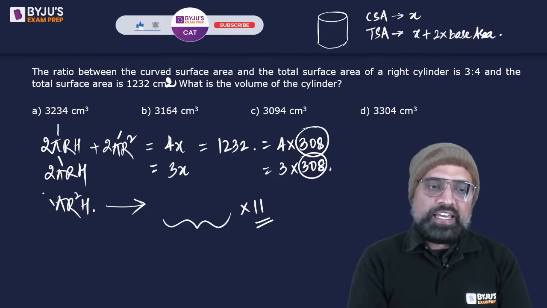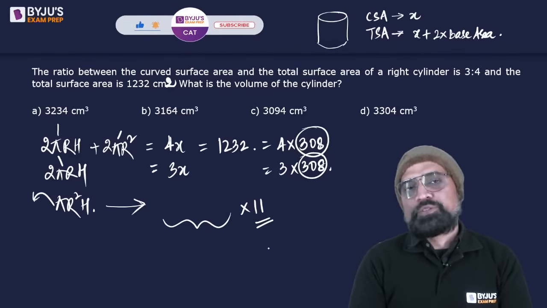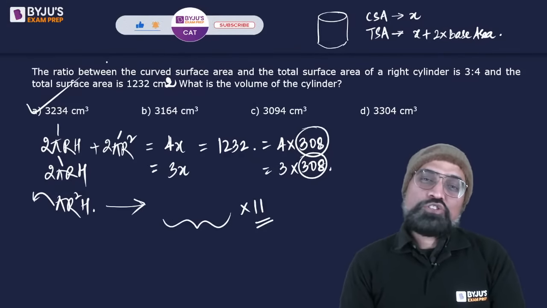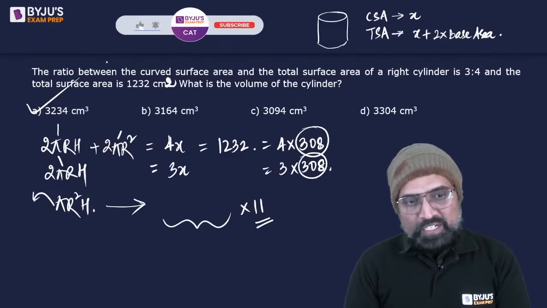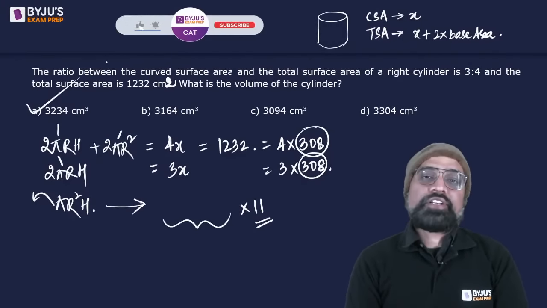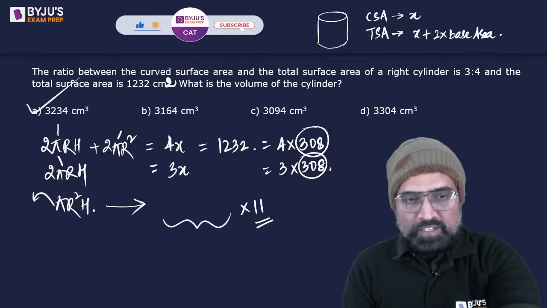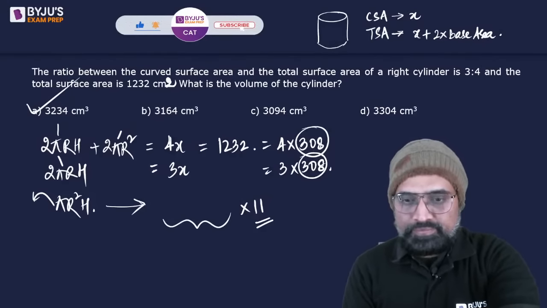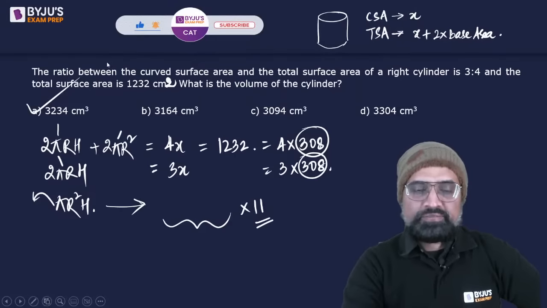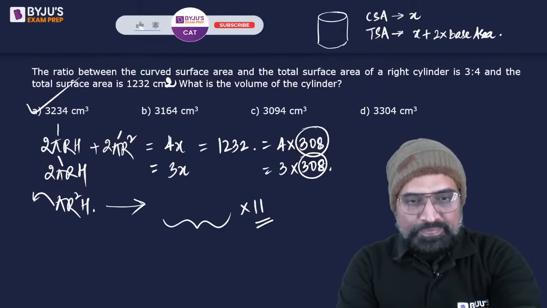So since we again have a pi here, our answer should be in the table of 11, and the only option that is in the table of 11 is option A. We could have also checked if it was in the table of 7, but unfortunately all the options are in the table of 7. So that didn't really work out. So I had to check it. नहीं तो 7 का टेबल भी चल जाता है ना. ठीक है.